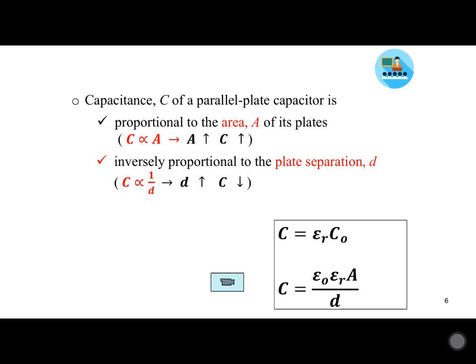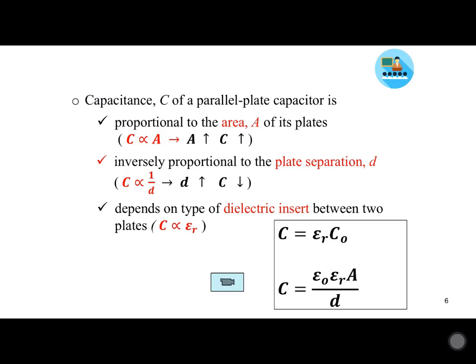With the presence of the dielectric in the middle, both plates will not attach to each other. From the equation we also know that the capacitance is directly proportional to epsilon r, and therefore the capacitance value will depend on the dielectric material inserted between the two plates.